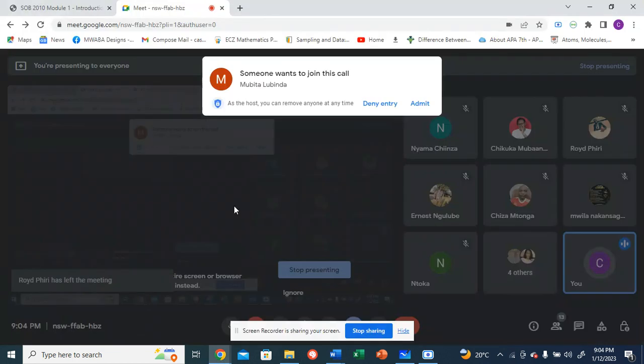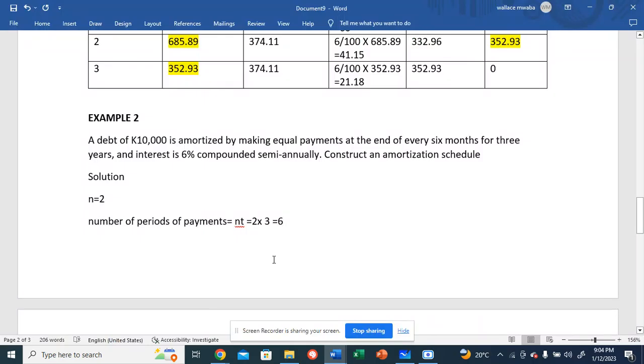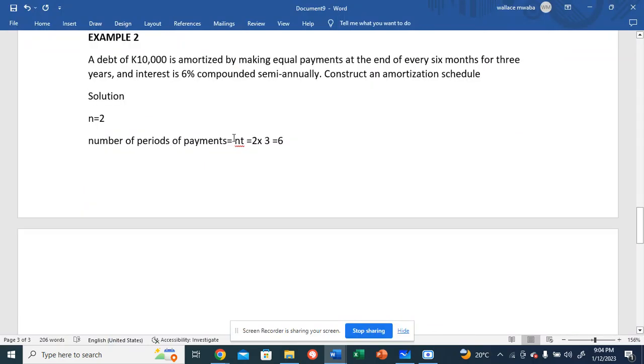And since the interest is compounded semi-annually, this interest rate of 6%, we're going to divide it by 2. All right, so 6% divided by 2, that gives us 3%.